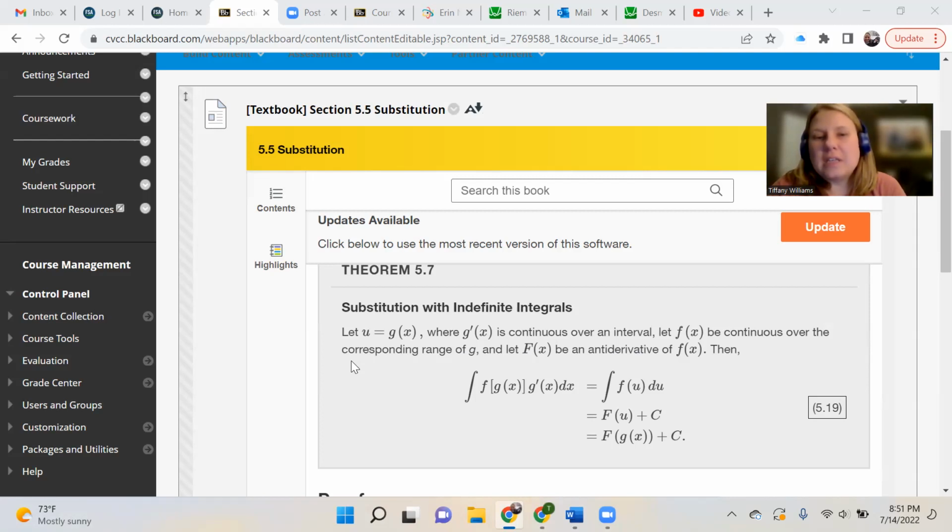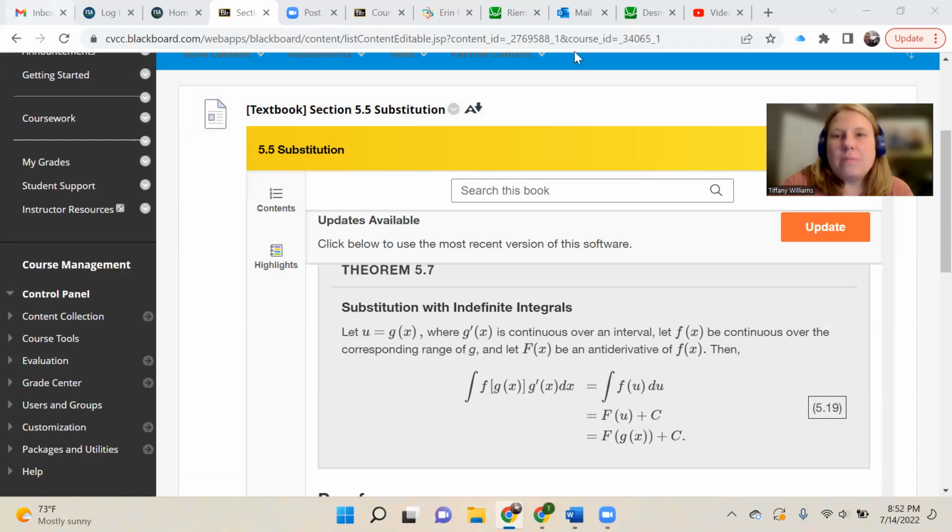Let f of x be continuous over the corresponding range of g, and let big F be the antiderivative of little f of x. Then the integral of f of g of x, g prime of x dx, is really the integral of f of u. And then we can integrate, get the original function of u, and then replace u back with that x value. And of course, because it's an indefinite integral, we have to do plus c.